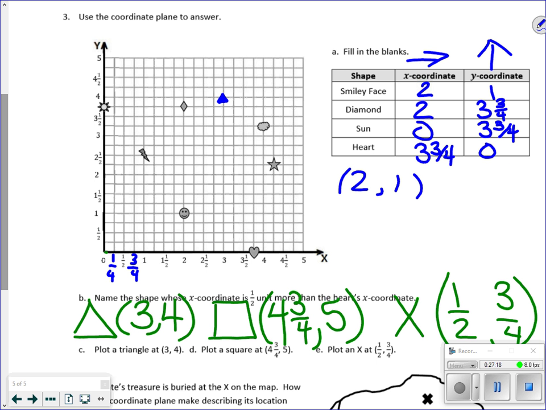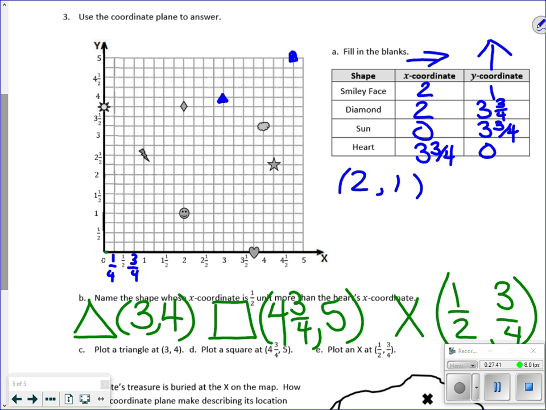The square: over to 4 3/4, almost to 5, all the way up to 5. Right there.